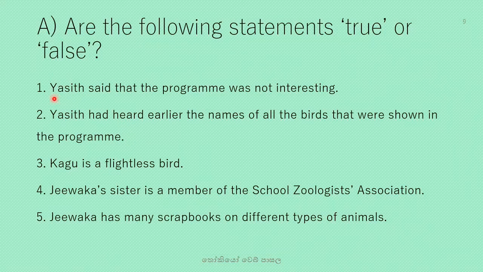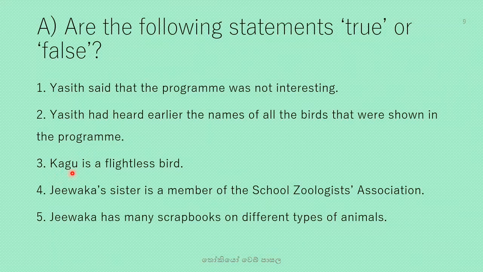First one, Yasit said that the program was not interesting. Sentence 2. Yasit had heard earlier the names of all the birds that were shown in the program. Sentence 3.